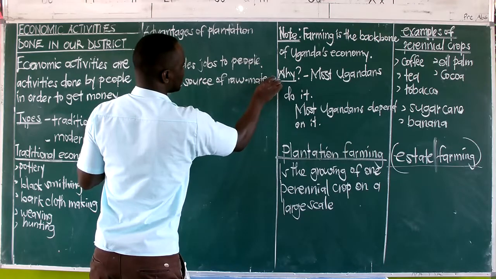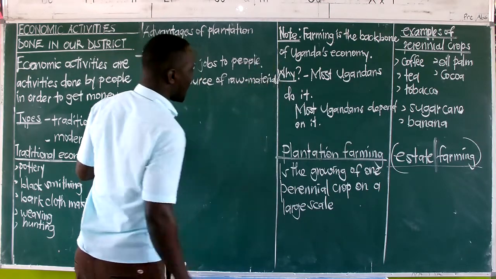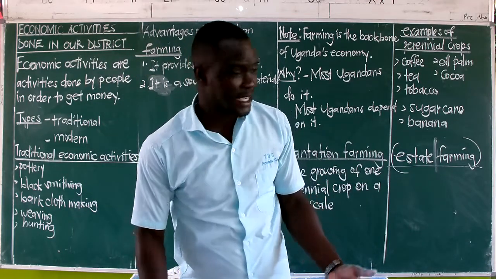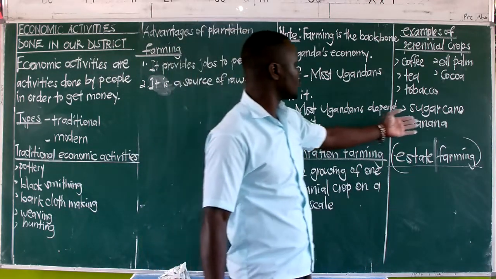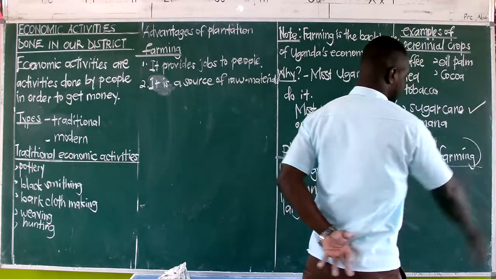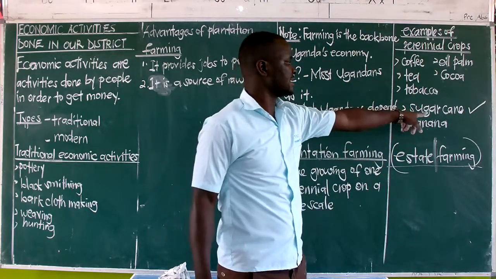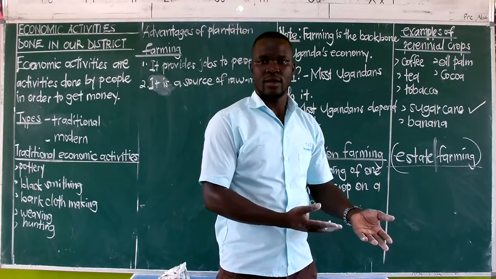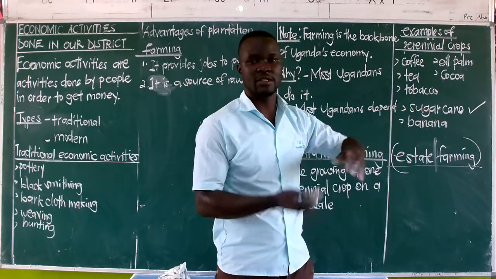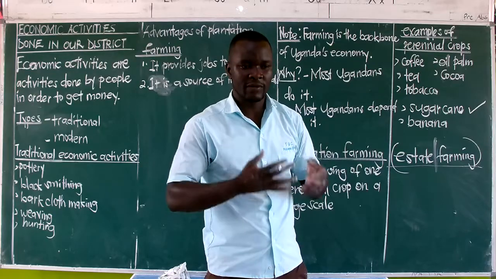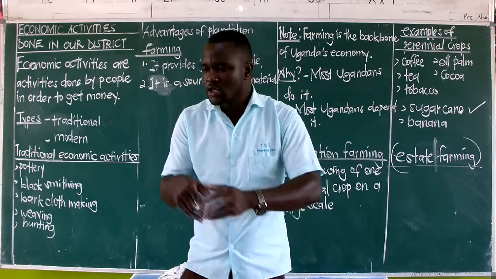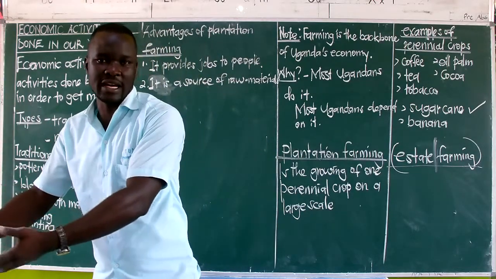Raw materials are items which are used to make other products. For example, we have talked about sugarcane being grown here. This sugarcane can be processed into sugar, which means this sugarcane becomes a raw material from that plantation farm. We now have a raw material which is going to be processed into other products.